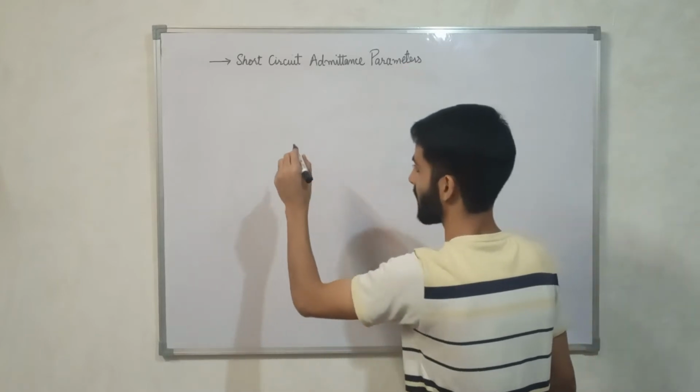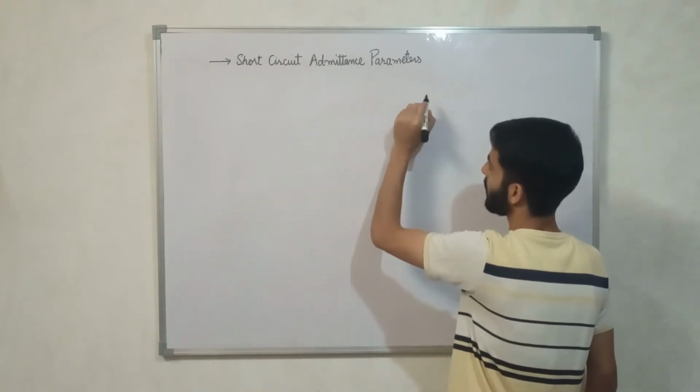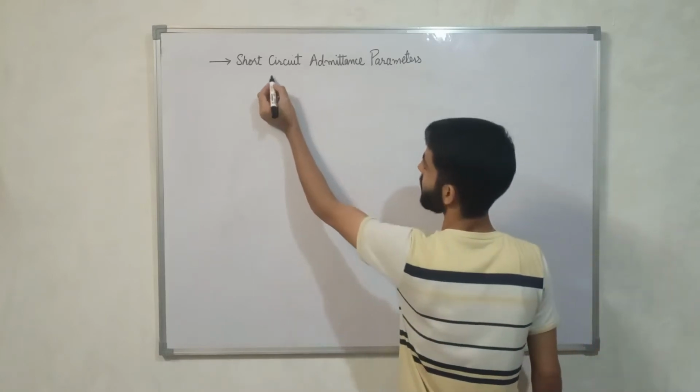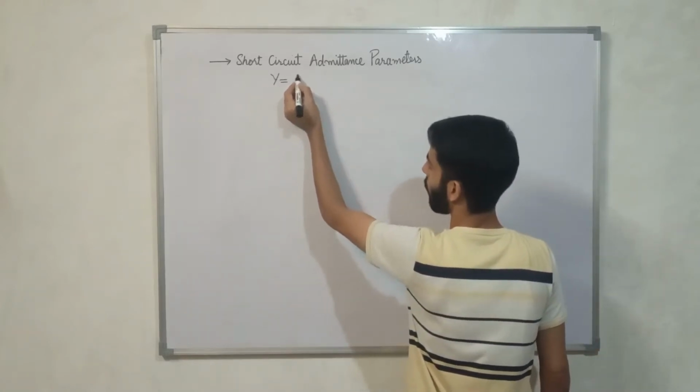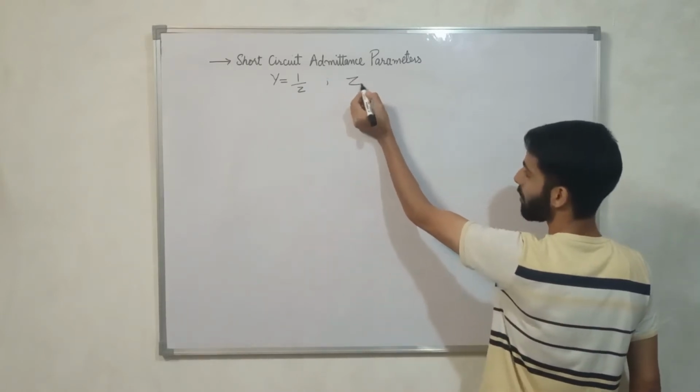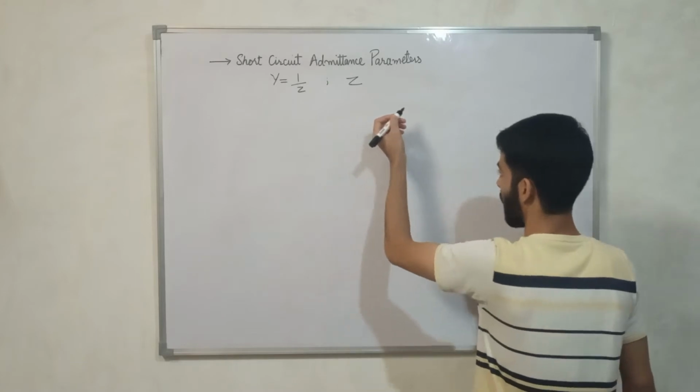Okay, what is admittance? Admittance is the reciprocal of impedance. Admittance is written as Y equal to 1 by Z, where Z is impedance. We have already discussed it in the previous video.